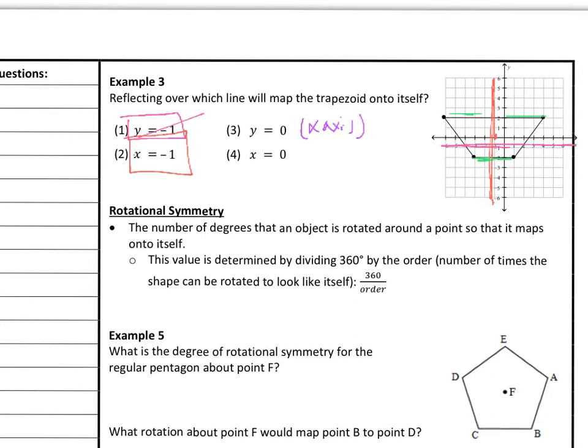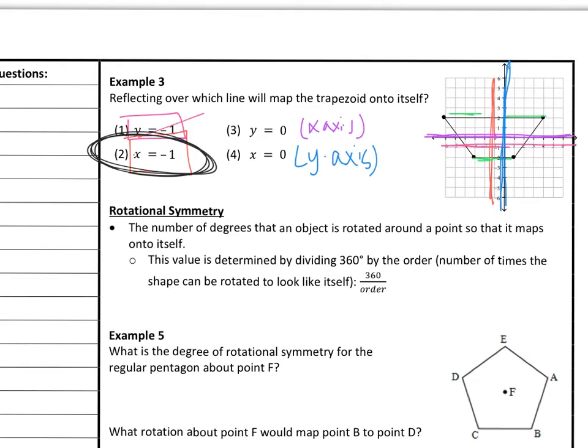So if I draw a line on the x-axis, cutting through that trapezoid in that way, it would not be symmetric. And one more, x equals 0 is the y-axis, because everywhere on the y-axis x is 0. That does not cut this trapezoid in half, such that each side would map onto itself. And therefore, number 2 is our choice.